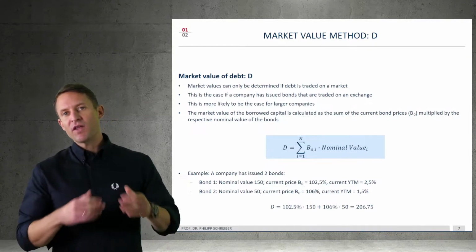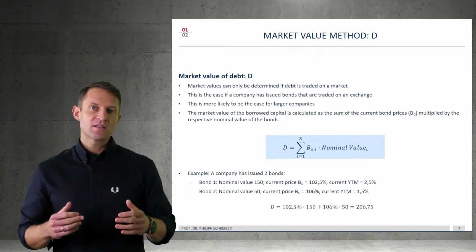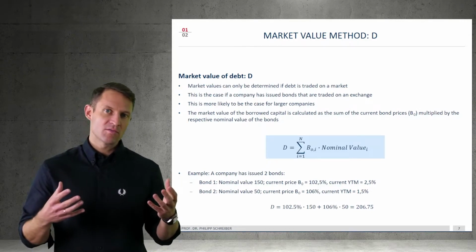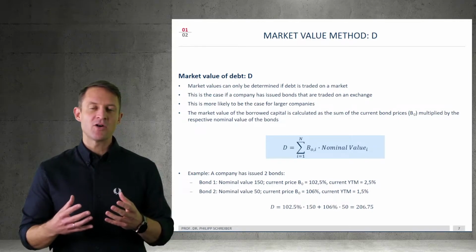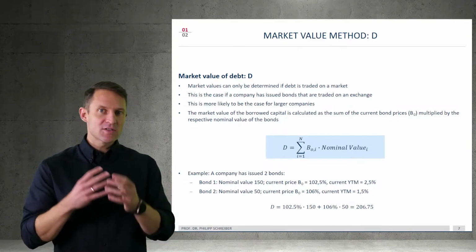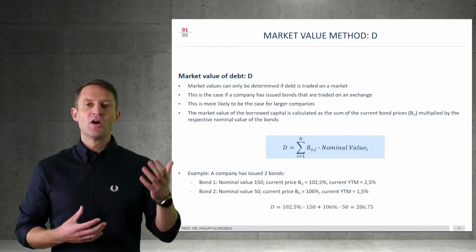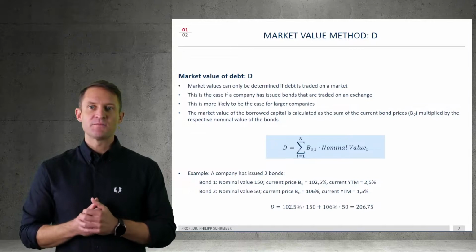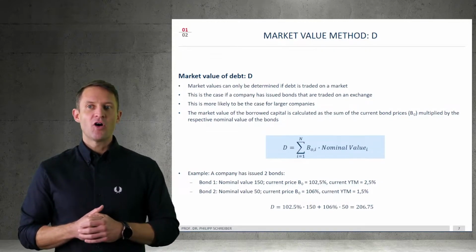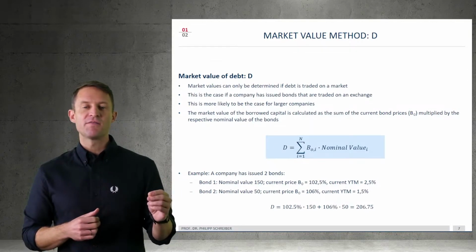Now, if there are bonds, what is the market value of debt? The answer is, it is the euro amount, or in any currency, US dollar amount, you would need to buy all the bonds available, because that's the market price for all the bonds. And this is the market value of this company's debt. The market value is the sum of the current bond price, B0, multiplied by the nominal values.